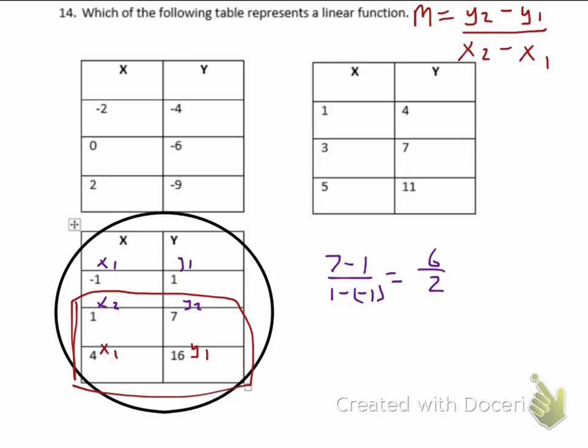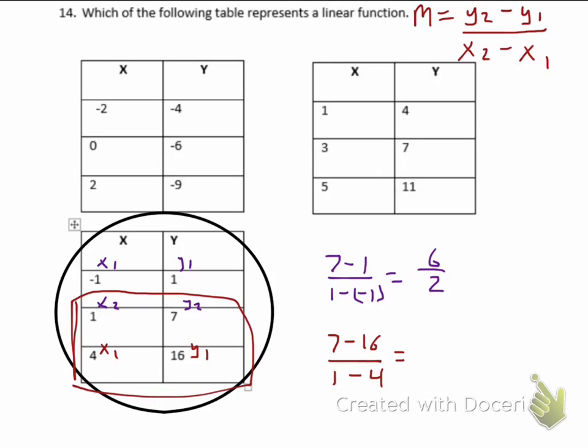Alright, so let's try that. So I'll do 7 minus 16 over 1 minus 4. Alright, so what's this become?